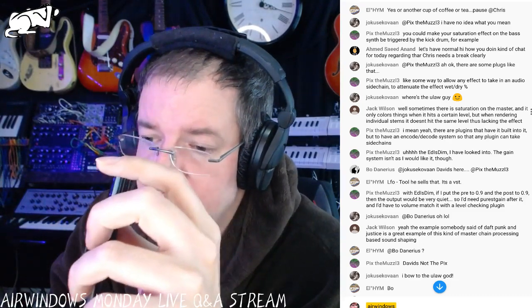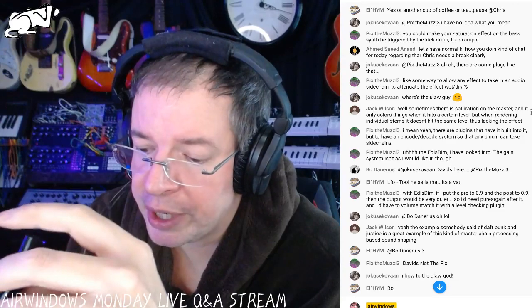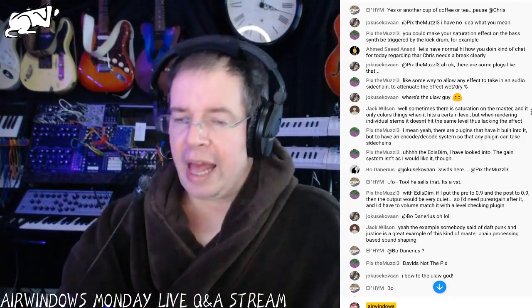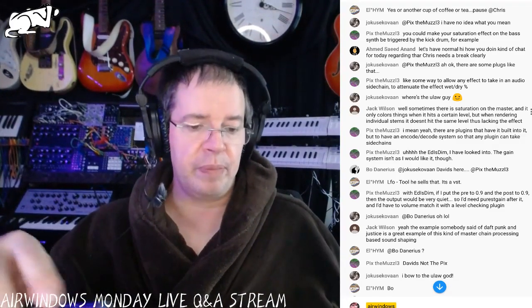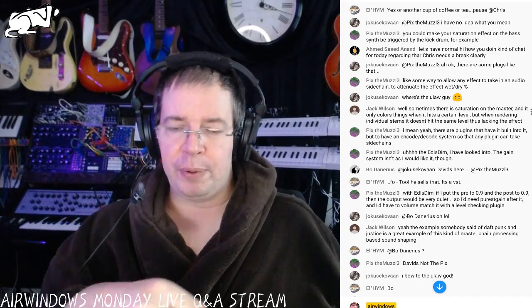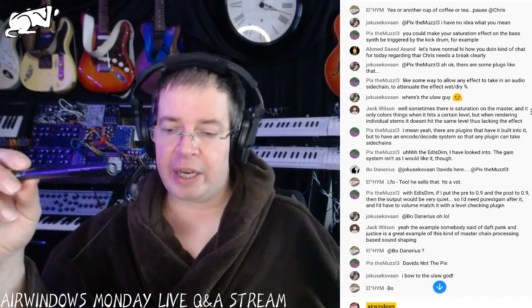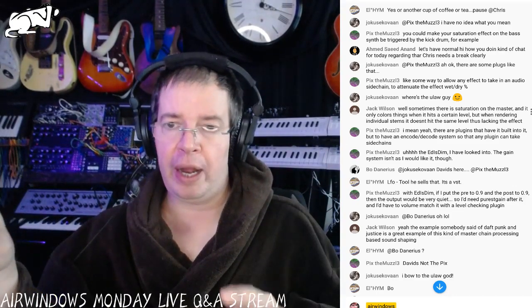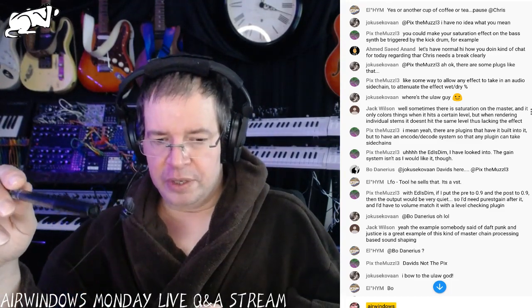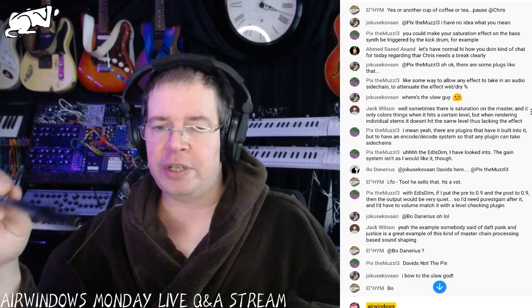And then that'll take over to some extent from what's happening on the master. And think of it like this, like how much do you need everything to gel from summing in the master? Would you be able to do everything by compressing and saturating it all at stem level and summing them together basically in just a DAW?